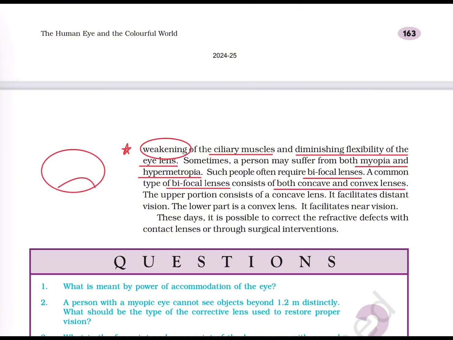One to observe far point, and the other part of the lens is used for observing near objects, like for reading.